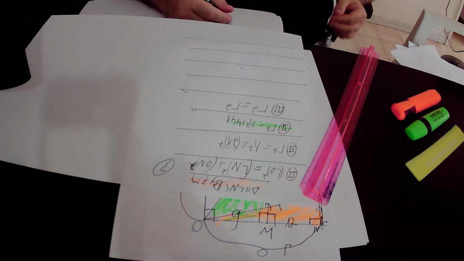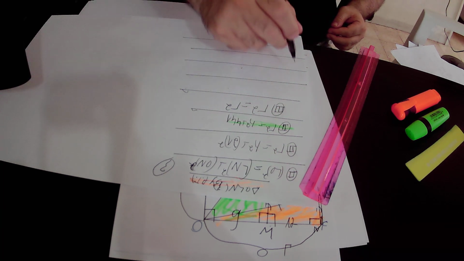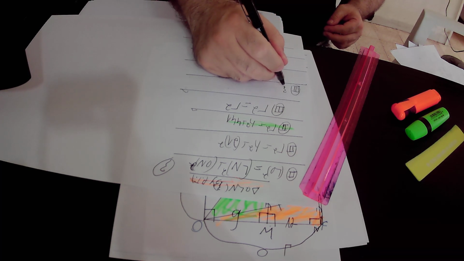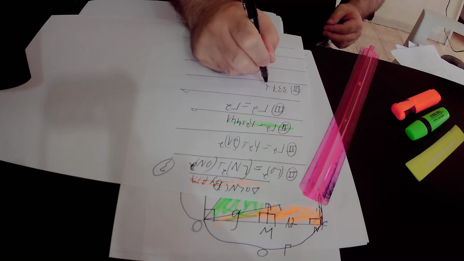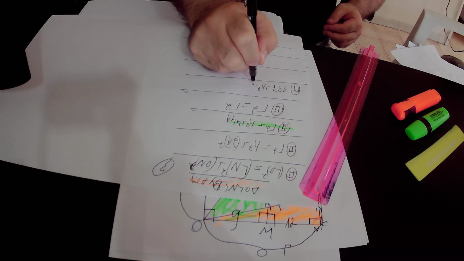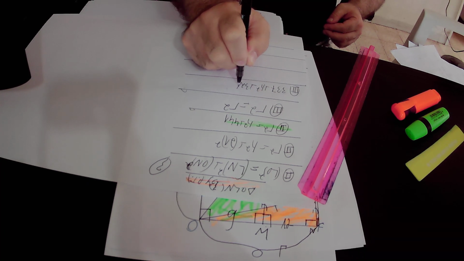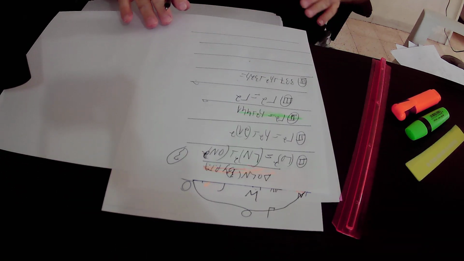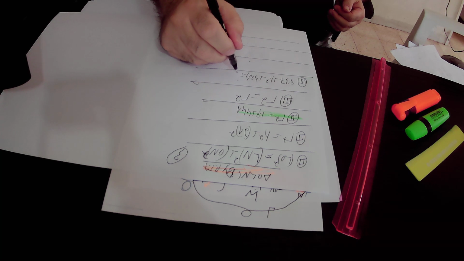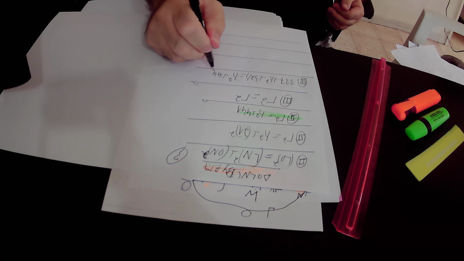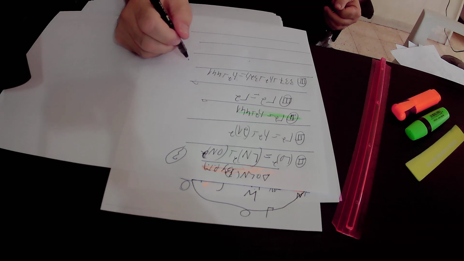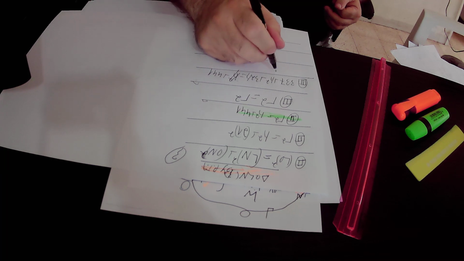R squared according to equation number 1 equals 337 plus H squared plus 32H, and it must be equal to R squared according to equation number 2, that is equal to H squared plus 441. Here we have H squared on both sides of the equation, so H squared will get cancelled.